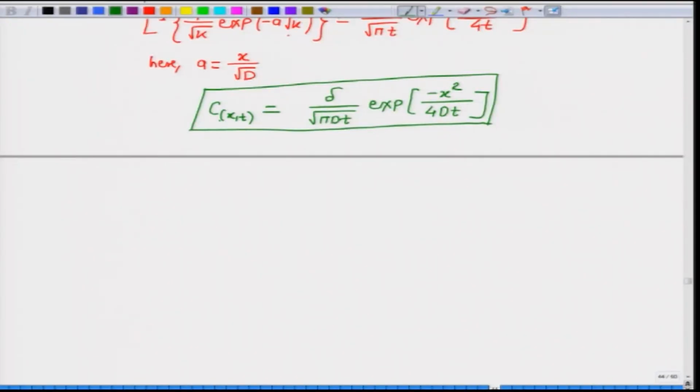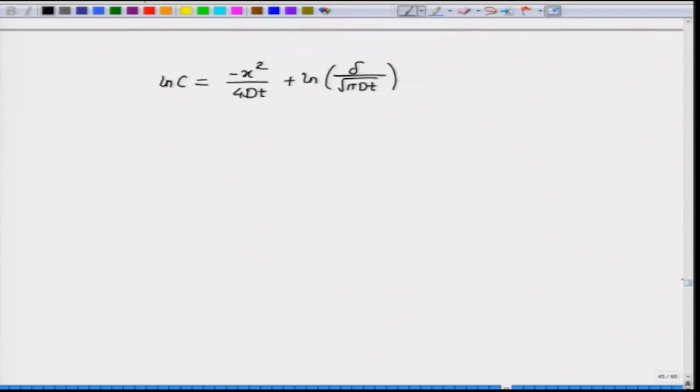If we take logarithm on both sides of this equation for C of x, t, we will get ln C equal to ln of A times B is ln A plus ln B, and ln of exponential. So, this becomes minus x square by 4Dt plus ln of delta over root pi Dt.